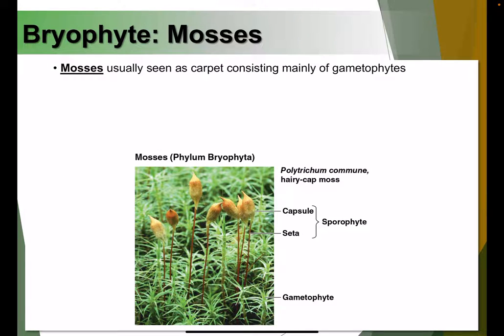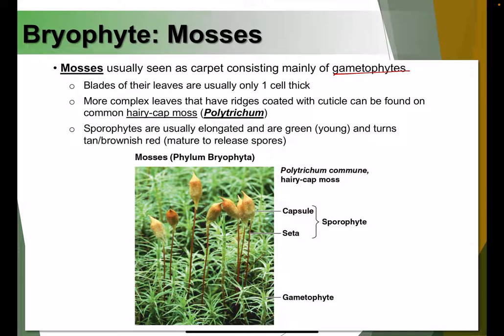All right, so mosses are the third type of bryophyte we'll talk about in this chapter. Mosses fall under the phylum Bryophyta, just like bryophytes. Moss is usually seen as a whole green carpet-looking thing, consisting mainly of gametophytes. Their leaves are usually blade-looking, kind of like these right here, and rather than stalks like this, they usually are one cell thick.